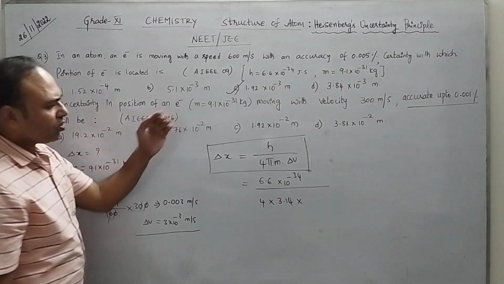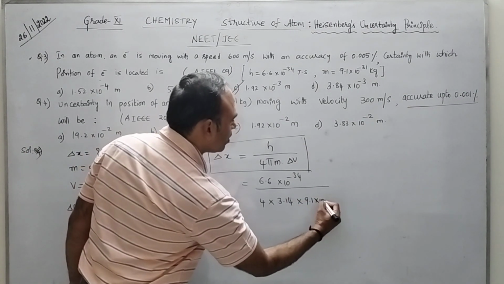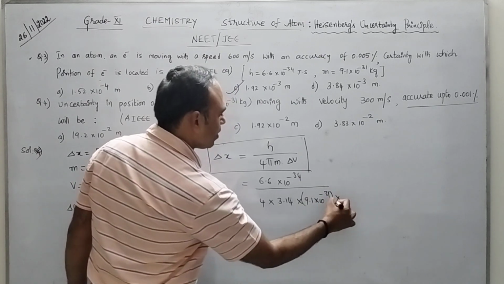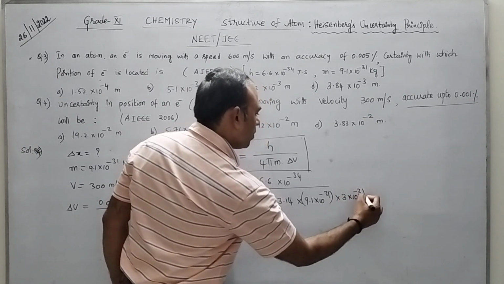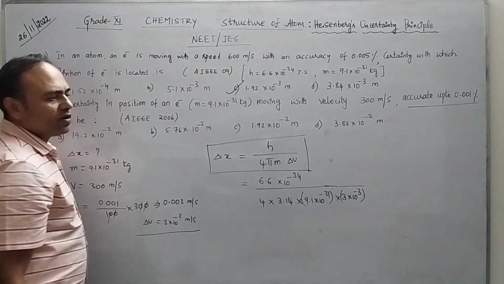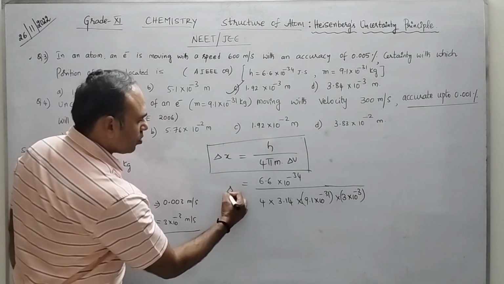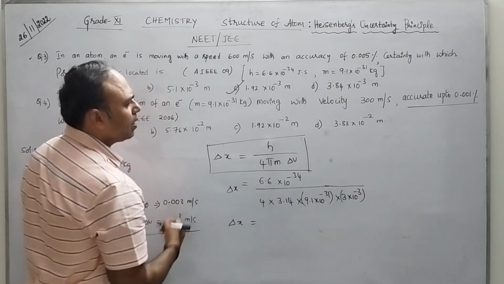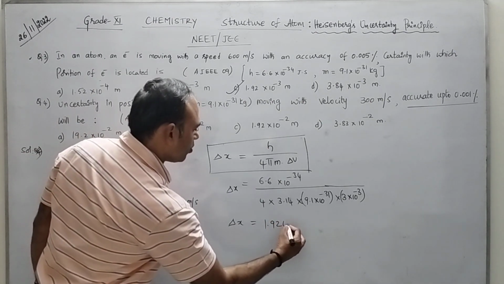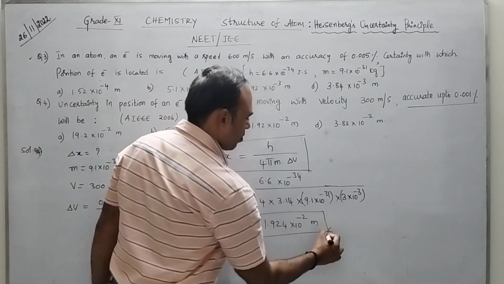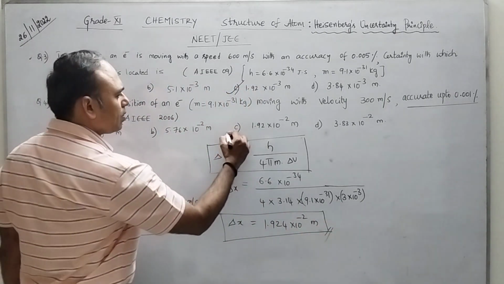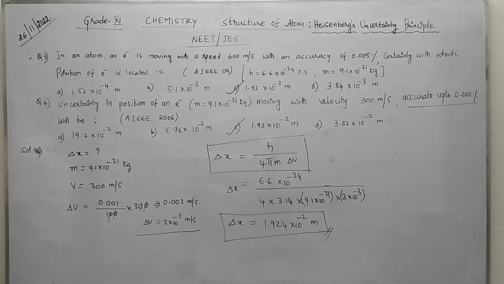So here mass of an electron 9.1 into 10 to the power of minus 31 kg, and uncertainty in velocity is 3 into 10 to the power of minus 3. So I have calculated this and we get a value of 1.924 into 10 to the power of minus 2 meter. So looking at the options, you can see that it's nothing but 1.92 into 10 to the power of minus 2 meter. Hope you have understood this question number 3 and question number 4.